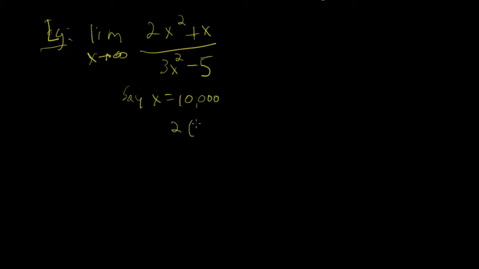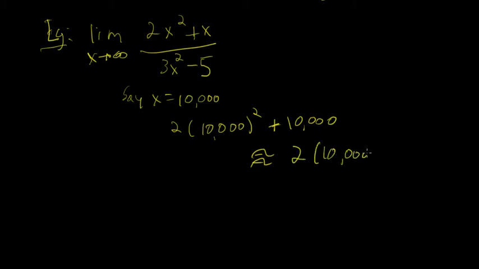So 2 times 10,000 squared plus 10,000 is going to be some number, but that number can be conveniently represented as being approximately 2 times 10,000 squared.